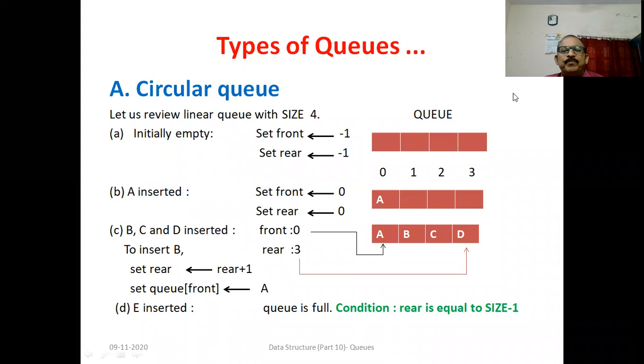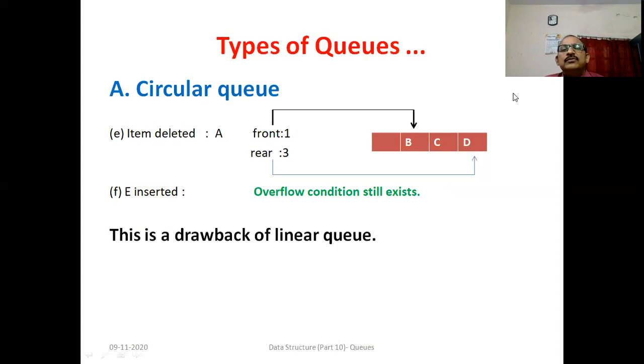Suppose front is 0 pointing to item A and rear is 3 pointing to item D. At this scenario, we delete an item from the queue, so A is deleted. Now front is pointing to element B with value 1, and rear has the same value 3. If we want to insert an item again, we cannot perform the addition operation.